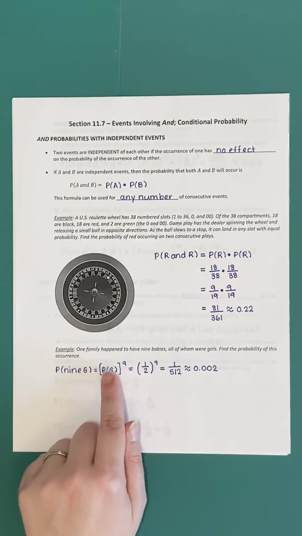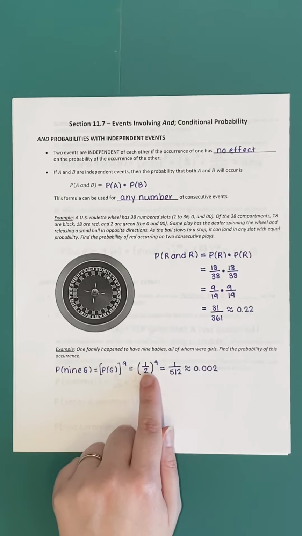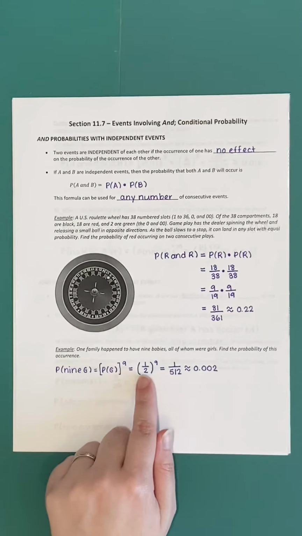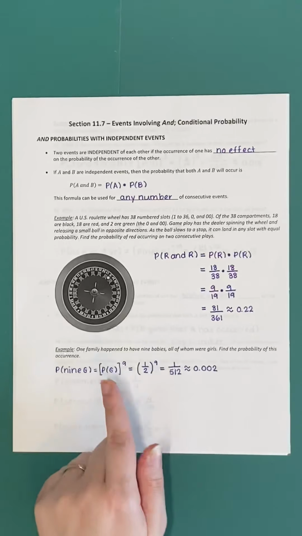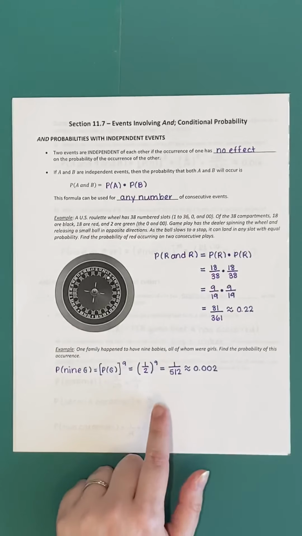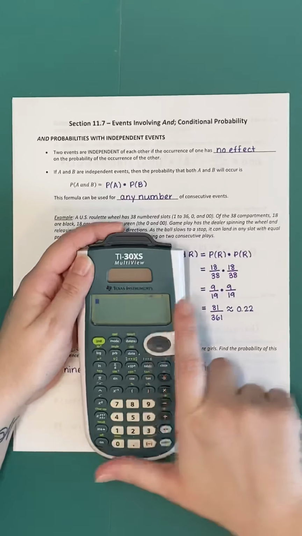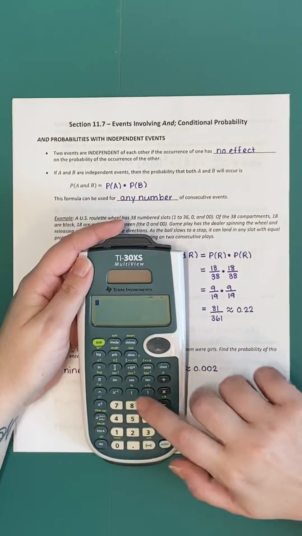Well, we're getting a girl 9 times. So 1/2 probability for the first girl times the 1/2 probability for the second girl, so on and so forth 9 times. So 1/2 to the 9th power is another way of saying that. How would you type that into the calculator? I recommend putting parentheses around the fraction.